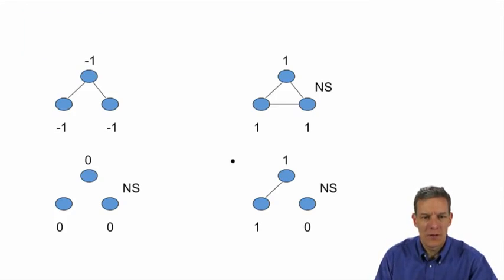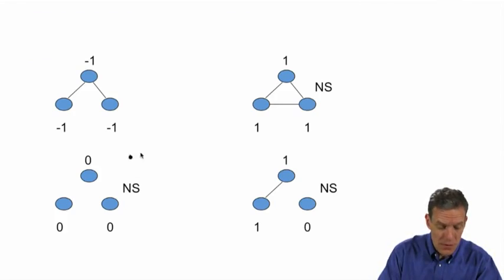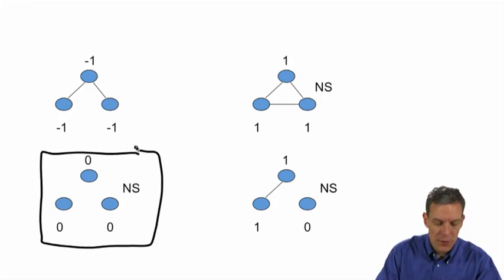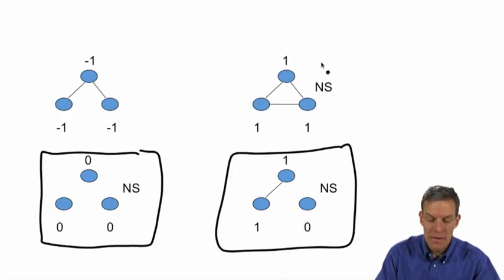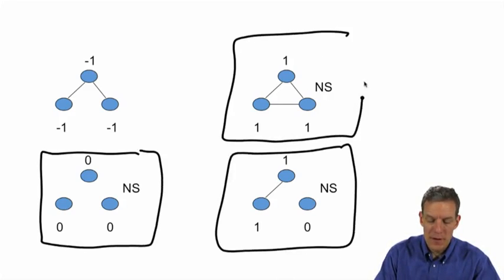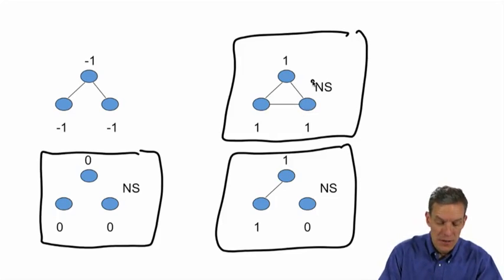So let's look at a very simple example here. All individuals separately get 0. A pair of individuals gets 1. If you end up forming a full triad, then you end up getting payoffs of 1 each.